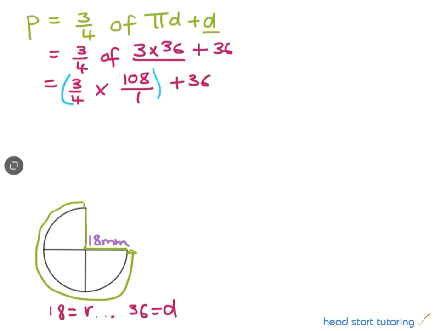So remember that we have to do our 'of' first, and then we change that into a multiplication, which we still have to do first before we add. Right, so 3/4 of 108, what we can do is cross cancel. 4 goes into itself once, 4 goes into 108 27 times. You can work that out on the side. And then we have 3 multiplied by 27, which is equal to 81. And then you plus your 36, and you end up with a final answer of 117 millimeters.